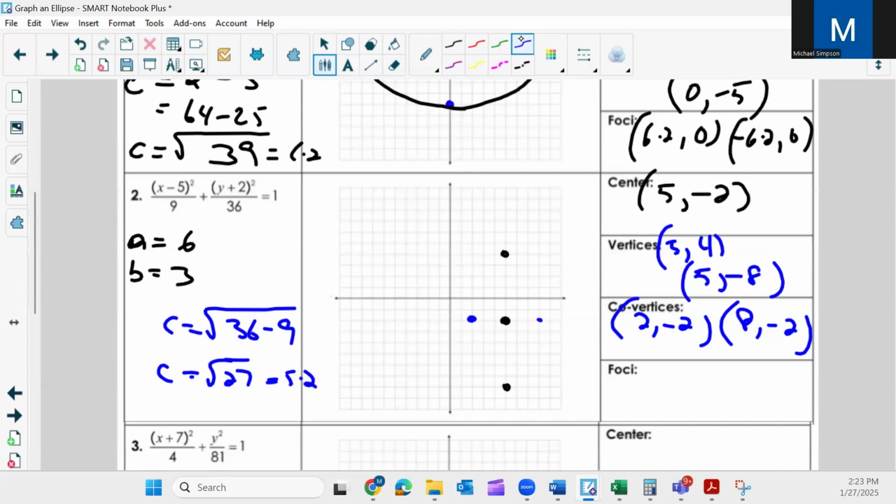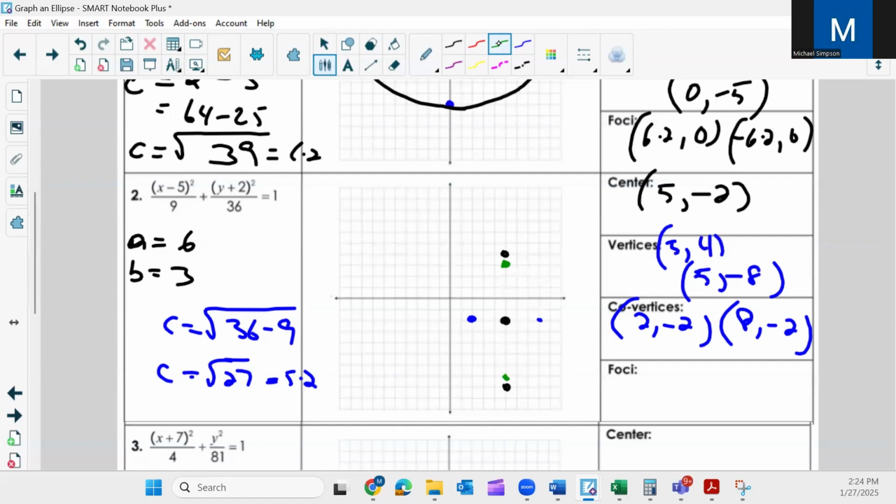So therefore, I'm going to count off 5.2 up and 5.2 down. Okay, 5.2 up. 1, 2, 3, 4, 5. So 5.2 is just inside right there. And then 1, 2, 3, 4, 5, just inside there, right? Okay. And so now if we clean this up a little bit.